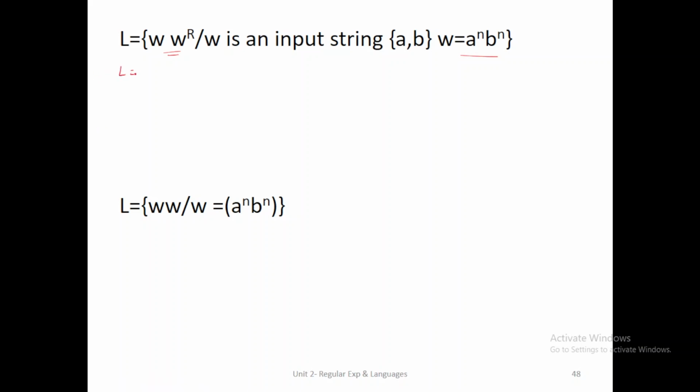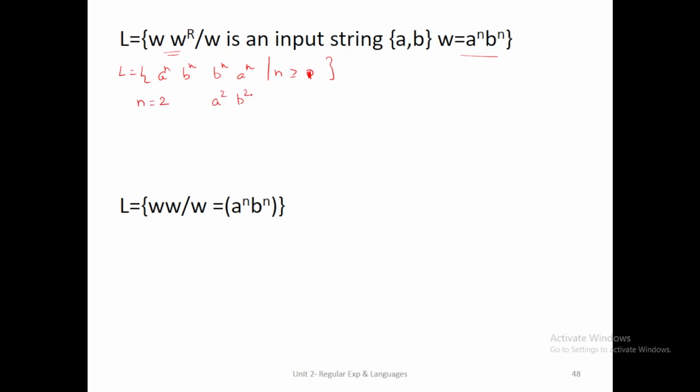So first you expand it. Your W is a power n b power n. W R means b power n a power n. So this is the generalized form of the given value. So here I am taking n greater than or equal to 1. So first you write that expanded form, then you substitute the value. So here I am substituting n value as 2.